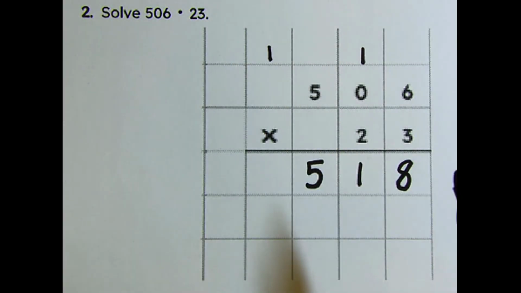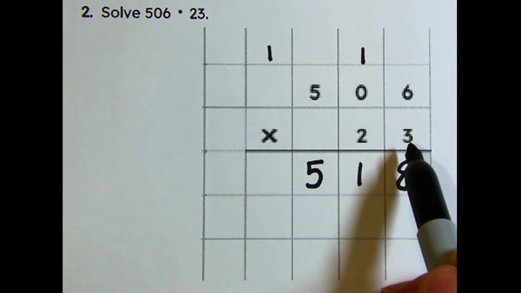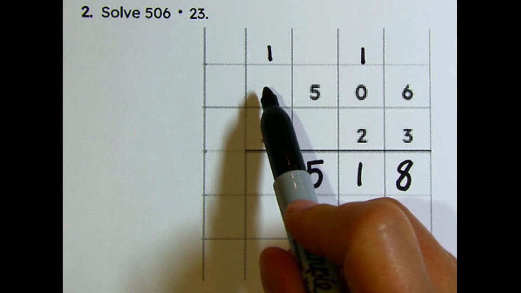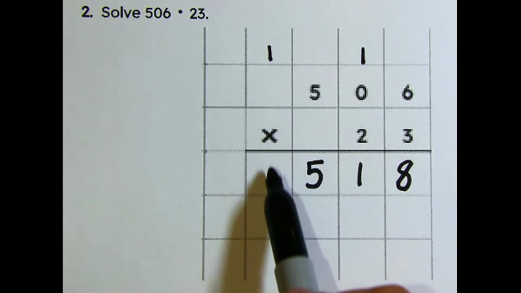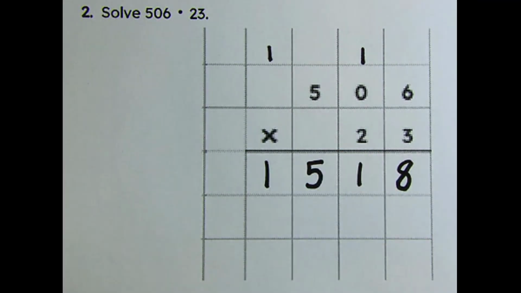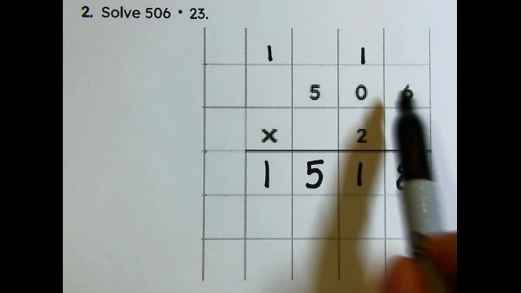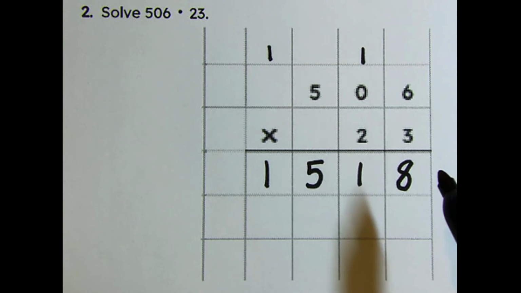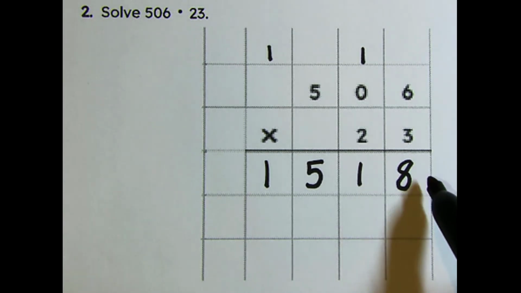So I'm going to regroup that 1. Now here I would do ones times thousands. There's nothing there, so I end up just bringing that 1 down. So I know that 506 times 3 ones is 1518. Now I'm not done.